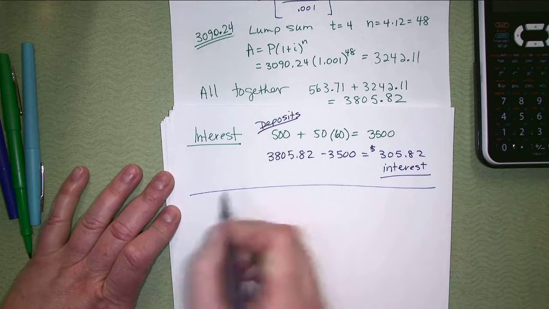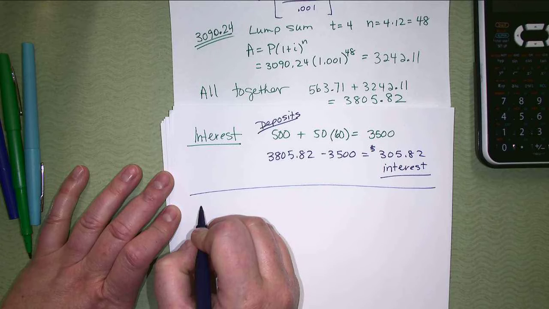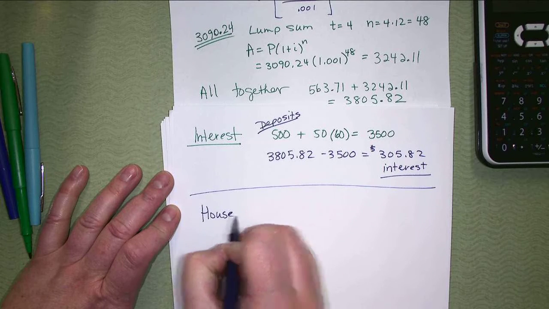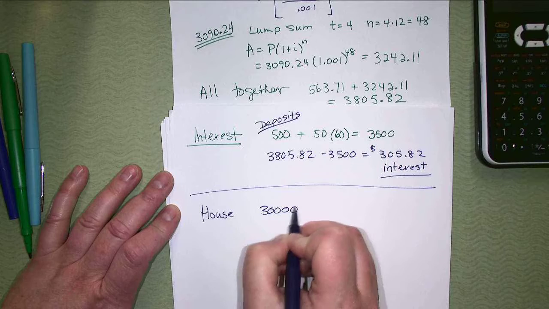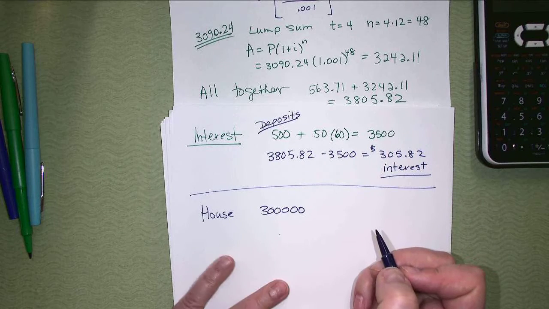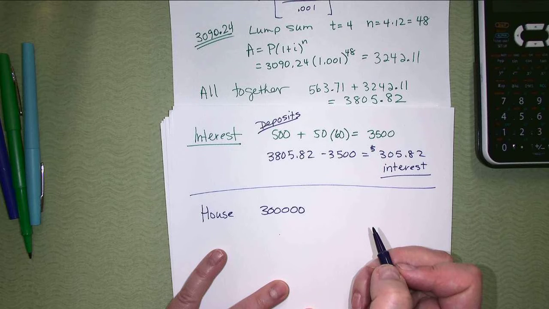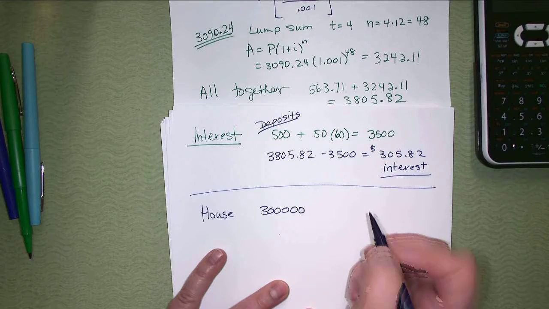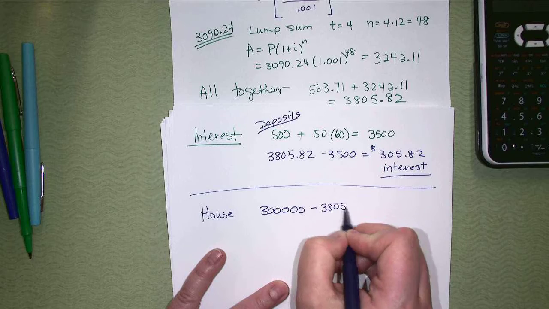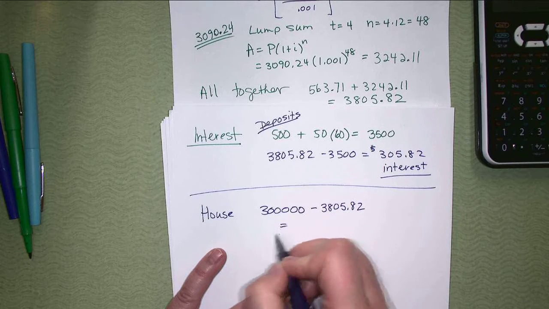So he wants to buy a house that costs $300,000. He's going to put his down payment on, and the rest will be his loan.